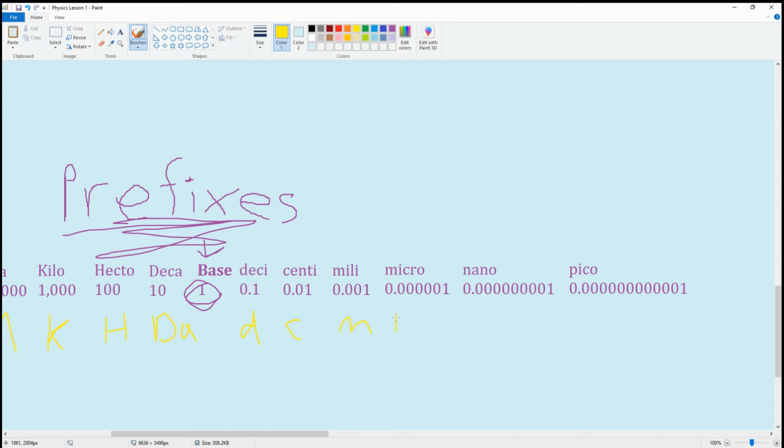Micro is where it gets interesting. We have the Greek letter mu. It looks like a u, but it's a Greek letter, mu. We use it because that's the way it is. It was convenient back then with the ancient Greeks, and the usage just carried over until now. Nano and pico is a p.